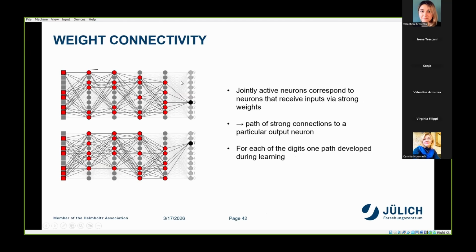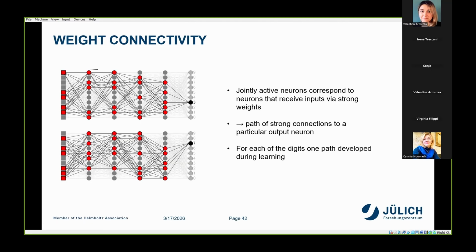Now, these are the weights. I was talking about the activity, and now I'm looking at the connectivity and the weights. What we found is that there are specific neurons having strong weights to the next layer, to particular neurons for the different output neurons.